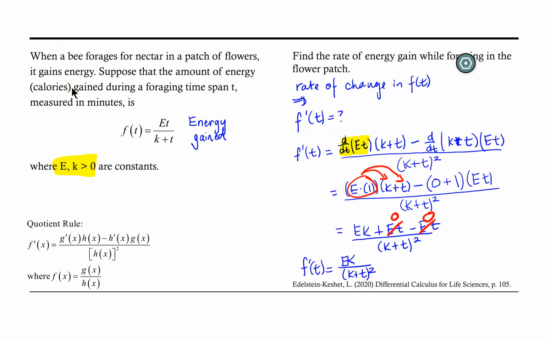So our units here would be something like calories per unit of time, and our unit of time was given to us in minutes, so calories per minute. So our derivative here, f prime of t, represents the calories gained per minute of a bee foraging in a patch of flowers. I hope this helps.